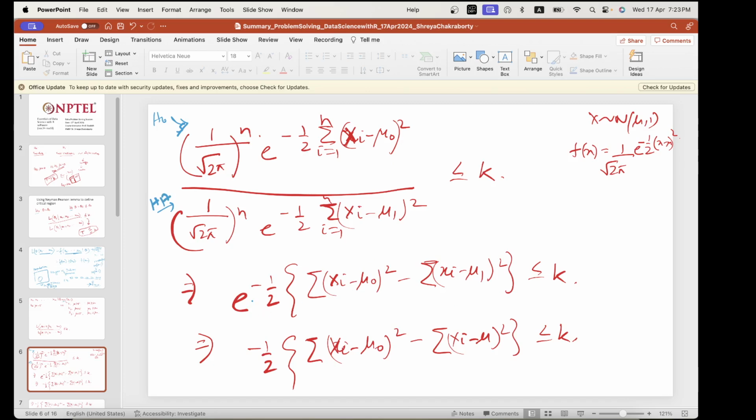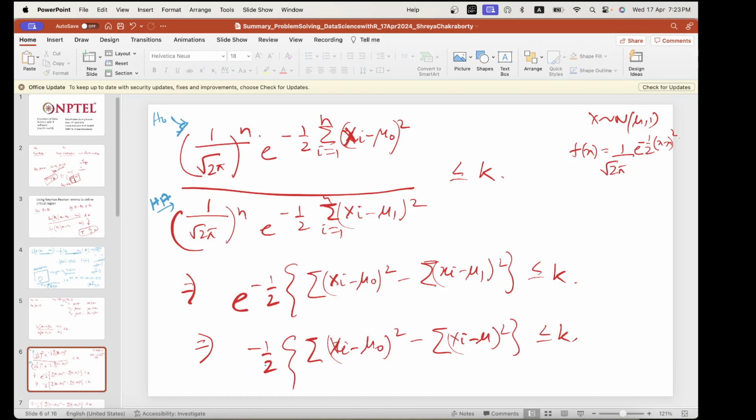If you multiply or divide an inequality with a negative number, then the sign changes. So we are being mindful of that, and the logarithm will not change our inequality sign.